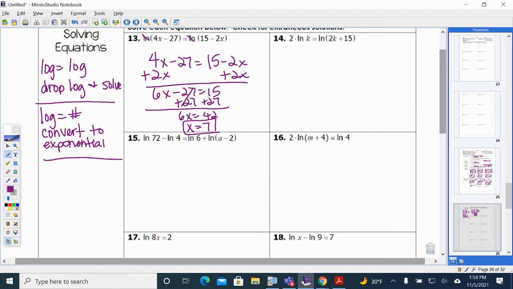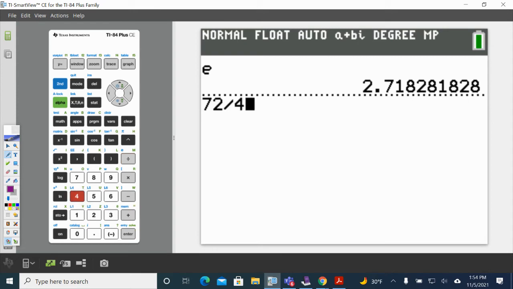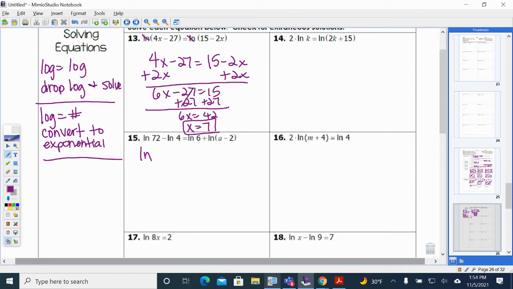So on the left, we need to take 72 and divide by 4. So 72 divided by 4 is 18. So this is going to condense to the natural log of 18 equals, on the right side, there's a plus between, so we need to multiply 6 times a minus 2 is going to give me the natural log of 6a minus 12. And now we can drop the logs and solve.